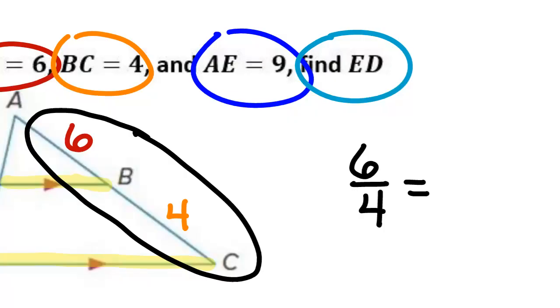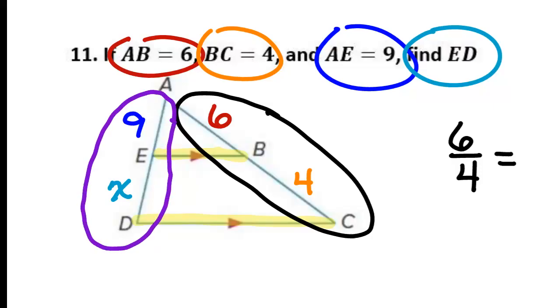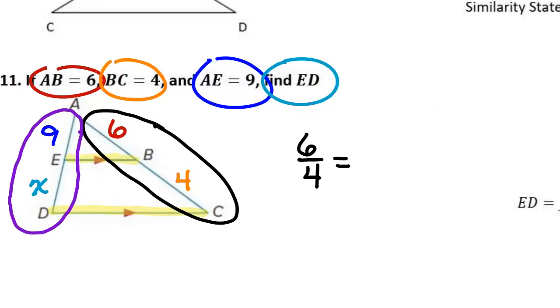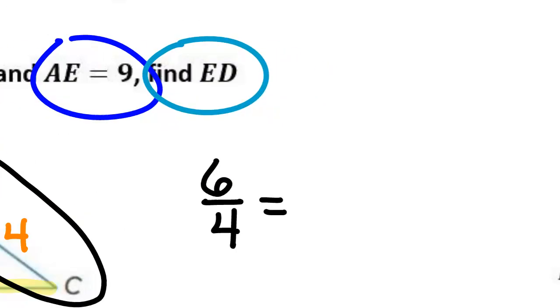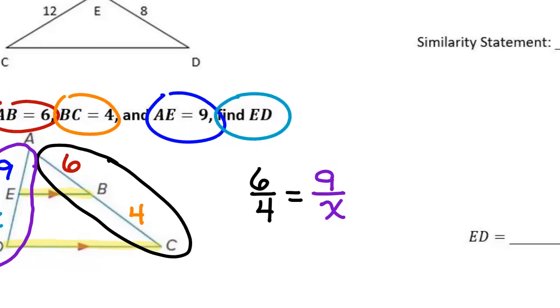And that is proportional to, so that proportion is equal to, and then I go to the other side, and I'm going to make a proportion out of this here. Since I put the 6 on top of the other fraction, what would have to go on top of this second fraction? The 9 has to go on top. So 9/x.